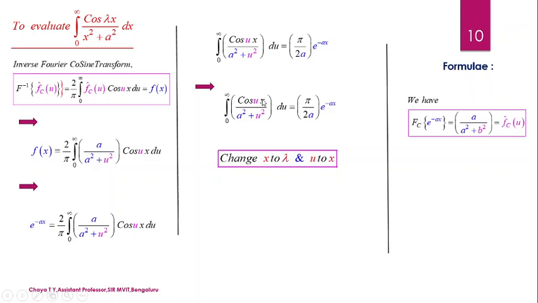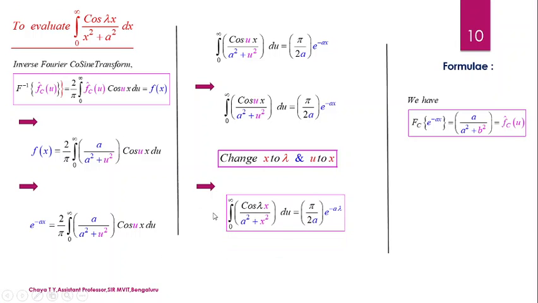First I write x as lambda, so the expression will be cos u lambda and the RHS will be e power minus a lambda. Then replace u with x. It gives us the integral 0 to infinity cos lambda x by a square plus x squared dx is equal to pi by 2a times e power minus a lambda.